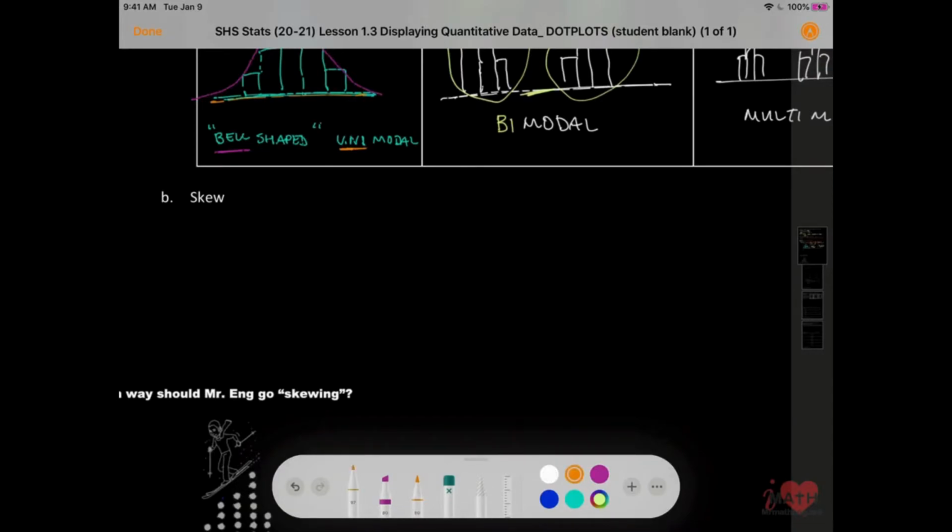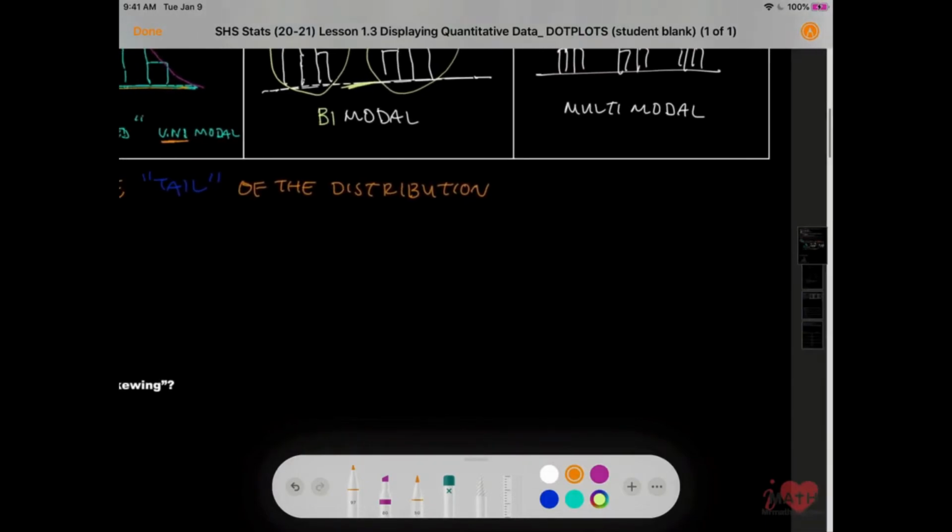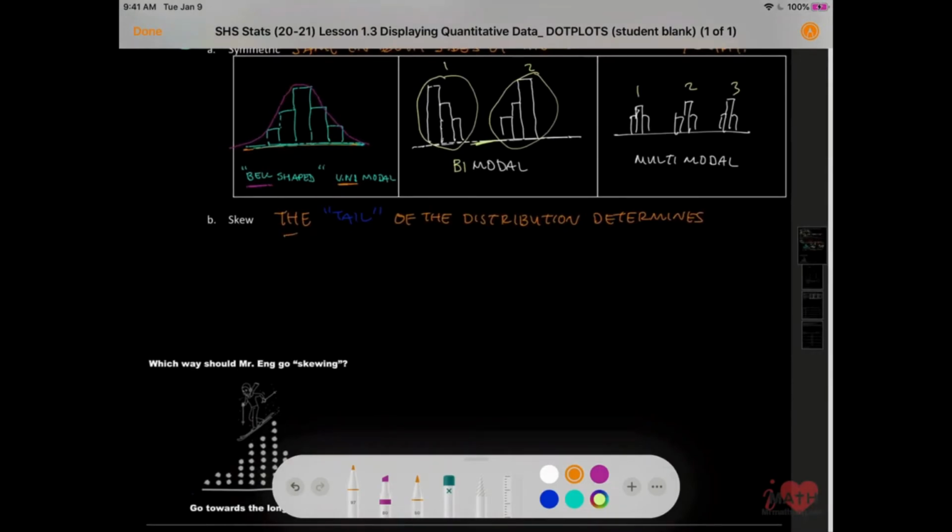Skew means the tail of the distribution determines the direction of the skew.